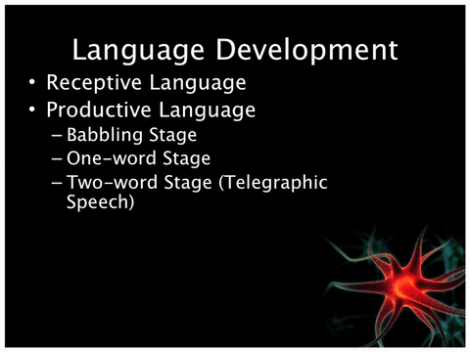So, any of you that are in a foreign language probably understand that it is a lot easier to understand somebody speaking to you than it is to speak the language yourself, right? So receptive language comes before productive language, even when we're learning a foreign language.